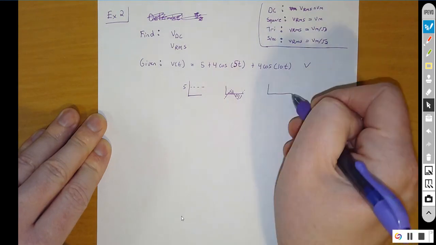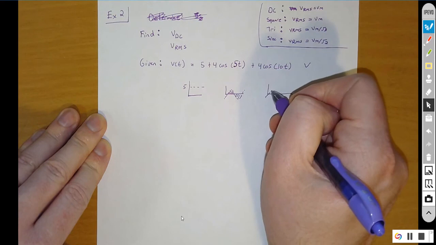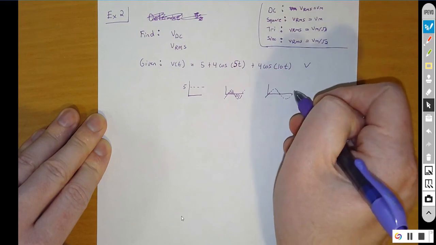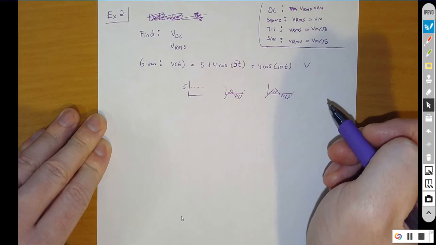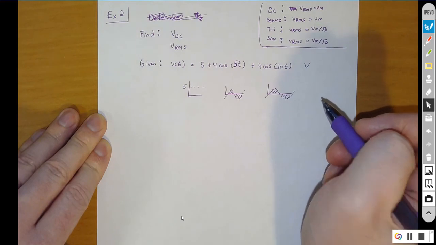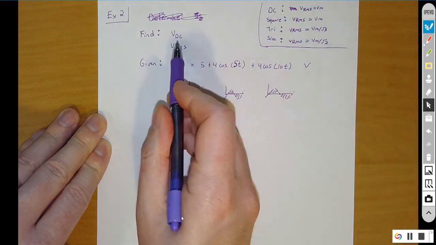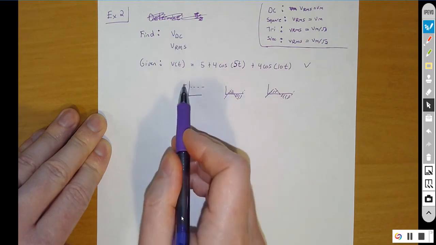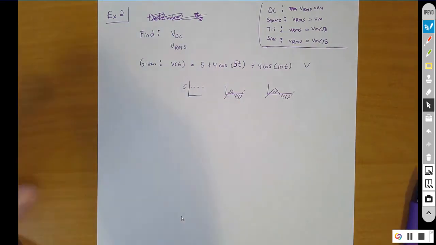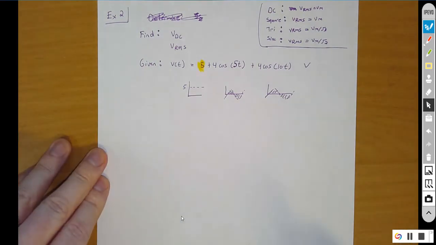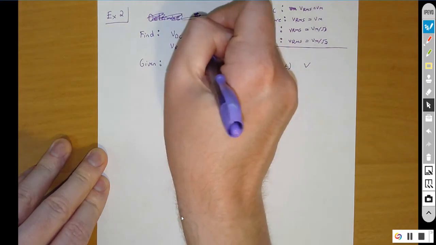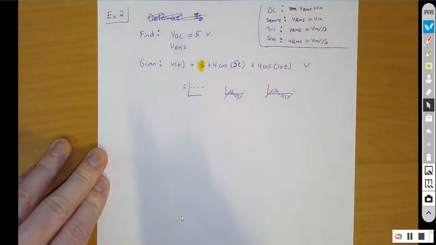This cosine function will do the same thing, same magnitude, just going to be slower, but I don't really care about that because it's going to average out to 0. So if I do the DC portion of this, it's only caused by this piece right here, the piece that doesn't have the cosine function in front of it. So VDC is just 5. Really easy to find.